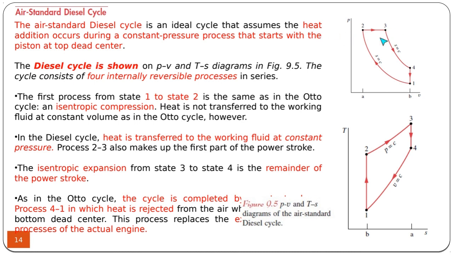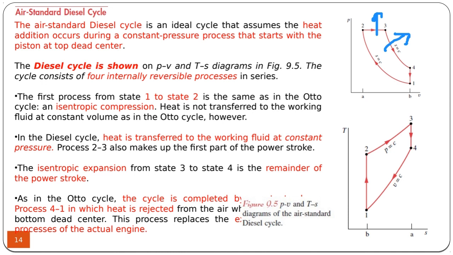In the gasoline engine, the combustion takes place at constant volume, whereas in the diesel engine, it takes place at constant pressure. As the injection of the fuel continues, the combustion also continues, which means that we have two types of work production. Here, when the combustion takes place, and here, when the isentropic expansion takes place.